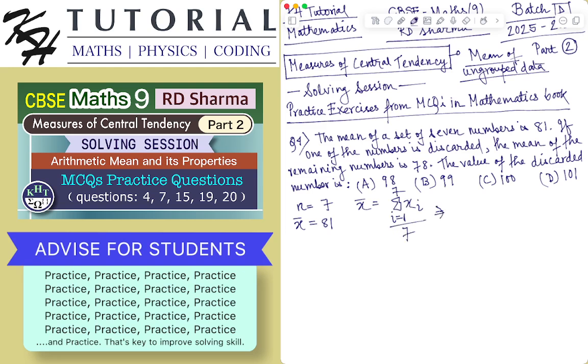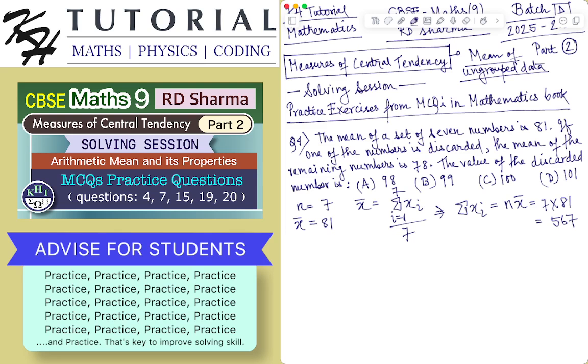So this implies that the sum of the set of 7 numbers, that is sigma xi, is equal to n into x bar, which in this problem is 7 multiplied by 81, which is 567.